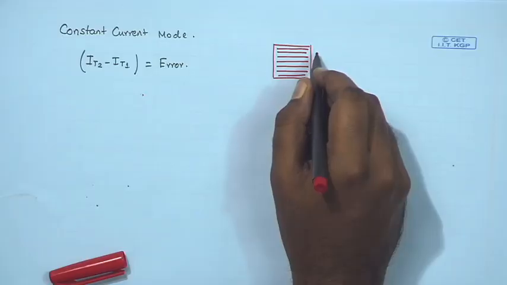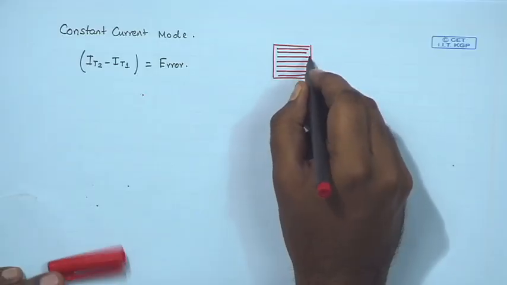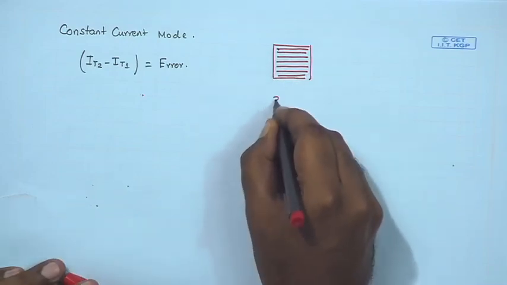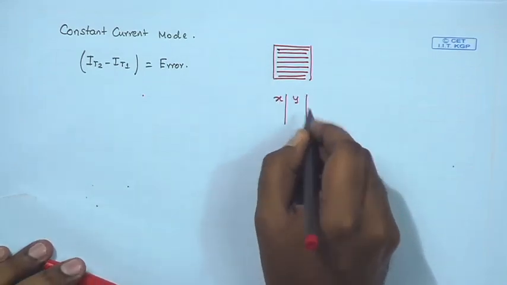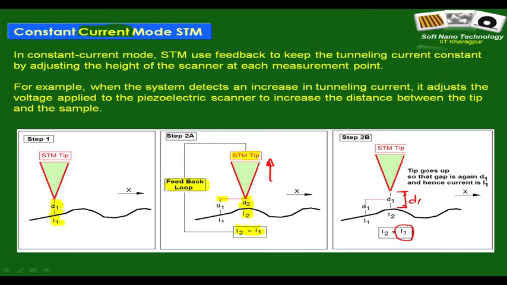However, what you measure at every location is how much your tip has gone up or down. If you just measure this, or you simply measure the location, is a sort of a thought concept I am giving. Let us put it simply, how much the tip has gone up and down.